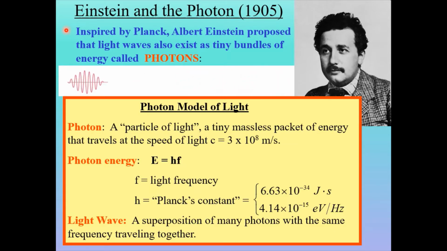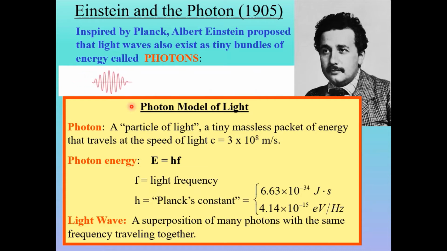And Einstein proposed that light waves also exist as tiny bundles of energy called photons. You can think of it as a little bundle or packet, called a wave packet. This is electromagnetic energy or light, but in a little discrete bundle of energy.